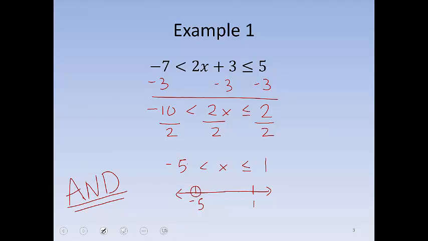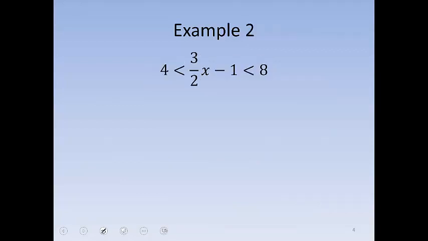So I have an open circle because we're exclusive with negative 5, and I have a closed circle because we're inclusive with positive 1. And where is x? It's between. So there's our inequality, there's our graph. Our interval notation goes from negative 5 to positive 1, and we show that with a hard bracket that it is included. It's inclusive.